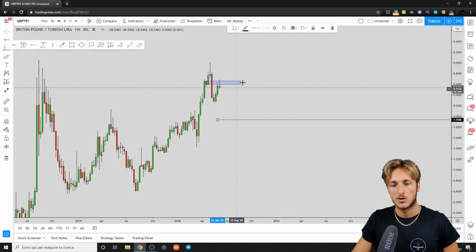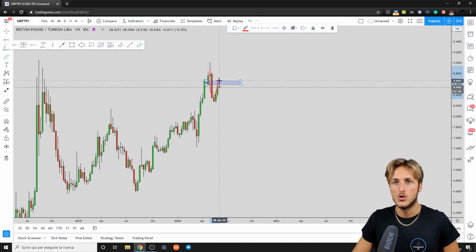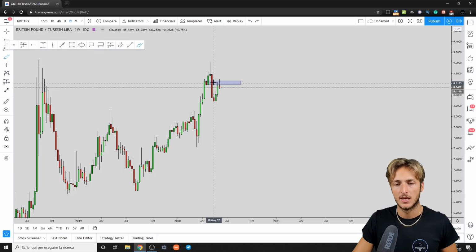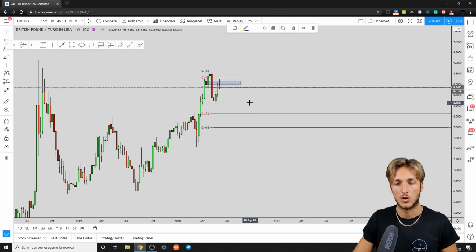Since on the weekly we have such a clear impulse and correction, to measure our target to the downside, to be more accurate, we can actually use this weekly retracement. If you remember, if we want information on our retracement in the market, what are we supposed to be doing? Taking our Fibonacci from the high to the low of the impulse. And in fact, we can see that the market has retraced to the 50%.